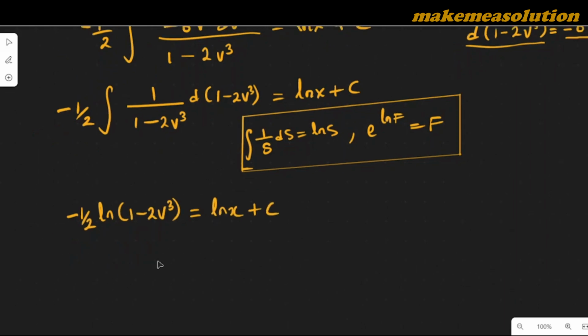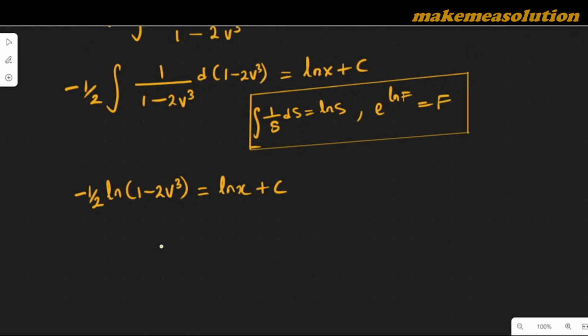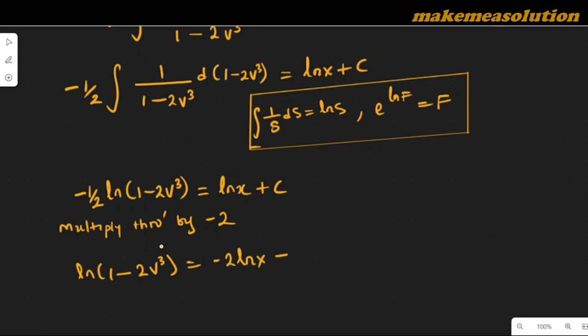So let's multiply by minus 2. Multiplying by minus 2, you have ln of 1 minus 2v cubed is equal to negative 2 ln x minus 2c.